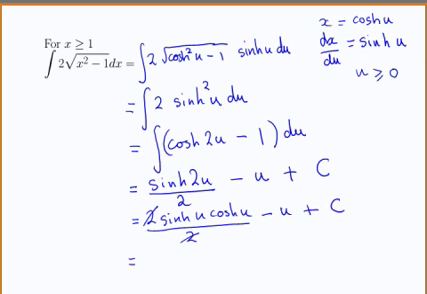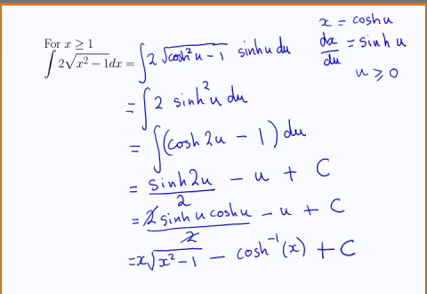And we can then observe that sinh u, well, that was the square root of cosh squared u minus 1, which back in terms of x is the square root of x squared minus 1. And cosh u, we already know, is x. What about the u? Well, we've decided that u was greater or equal to 0, so we can take the inverse function of cosh and write u as cosh to the minus 1 of x.